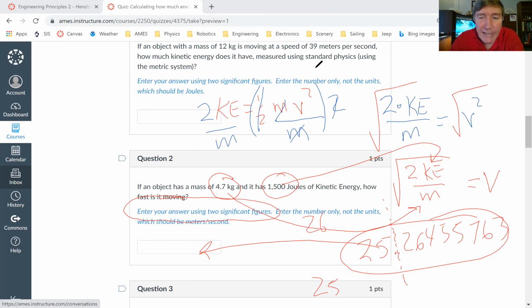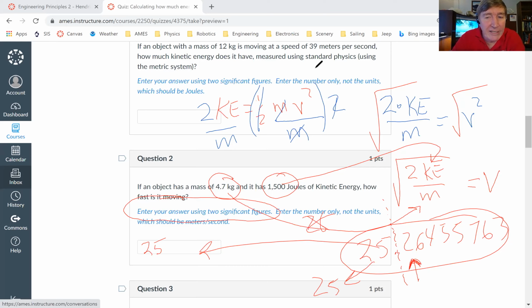Whether I round down or up depends on the next digit after the dotted line, and I see that digit is a 2. So remember the rule: if it's anything less than 5, you round down. If it's anything more than 5, you round up. This is less than 5, so we're going to round down. The number that we're going to type into the box here is 25.